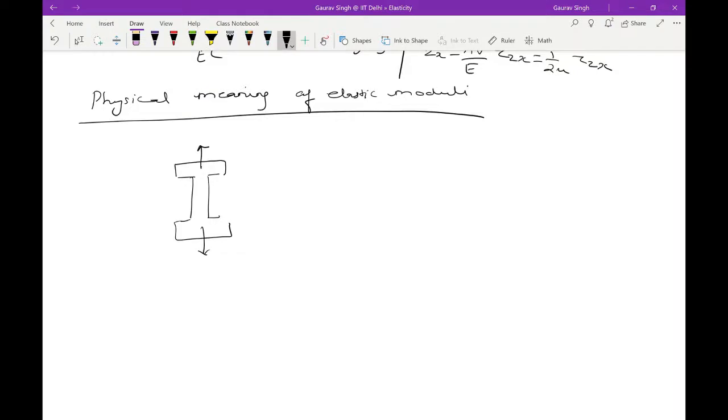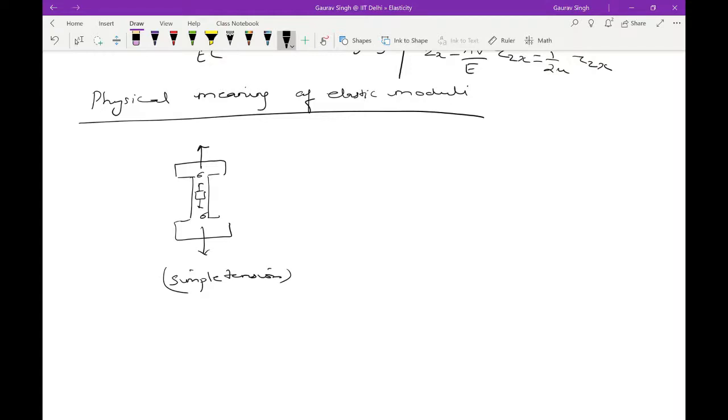The idea is that whatever failure has to happen should happen in this region, not where the clamping is done. So if you have, say, an element like this, it would experience sigma in this form.